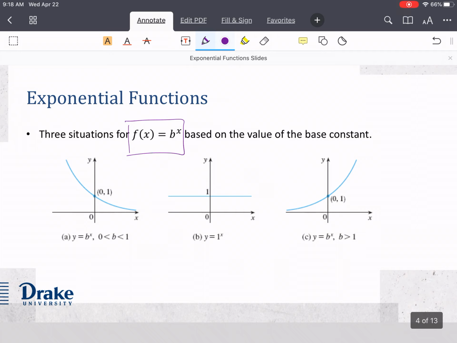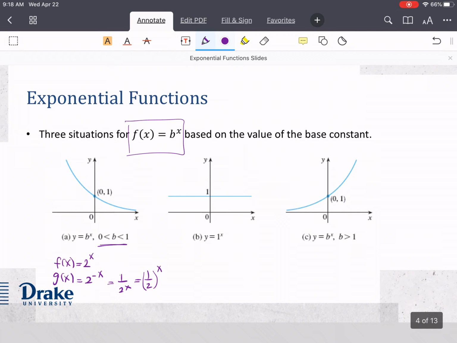So you realize when b, the base, is between 0 and 1, as in the previous case, what we had was f of x, the example we looked at was 2 to the x, and the other one was 2 to the negative x. You realize with the negative exponent we're actually getting 1 over 2 to the x, which is the same thing as (1/2) raised to x.